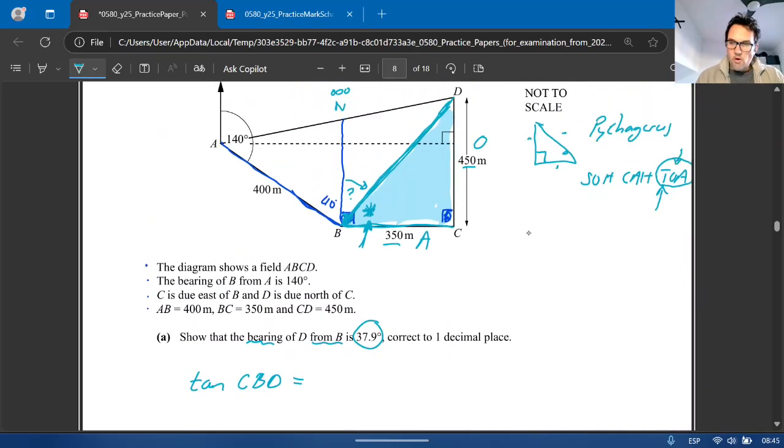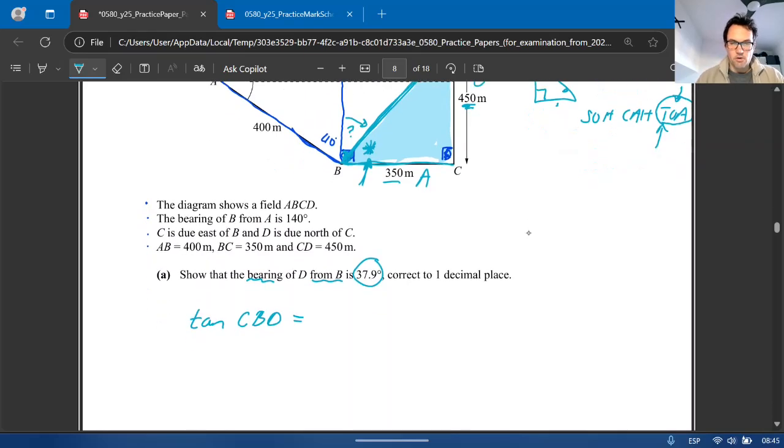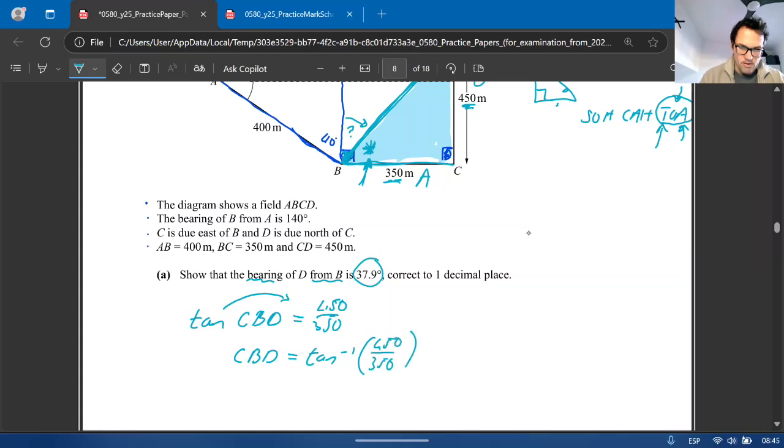We've got the O first in the TOA ratio, so we need to put the opposite first, which will be 450, and then the adjacent, the 350. So to get the angle CBD, move the tan over. We do the inverse of tan, tan minus 1, of 450 over 350.